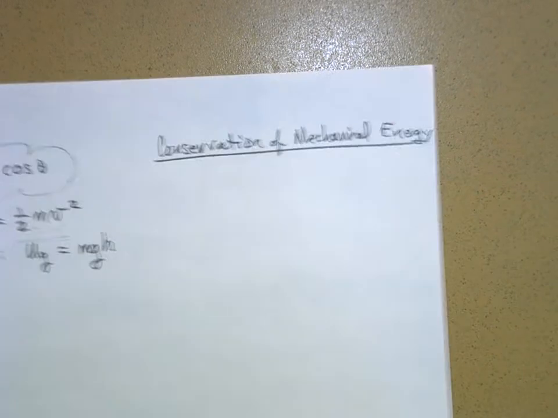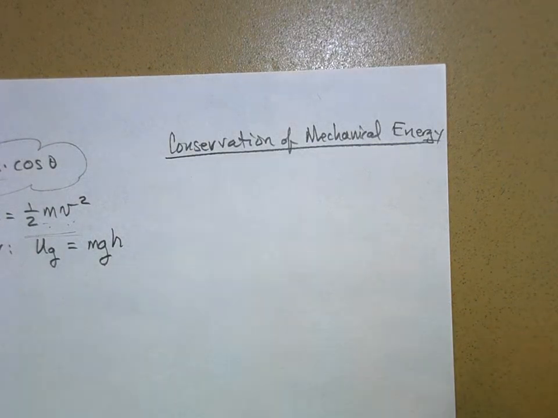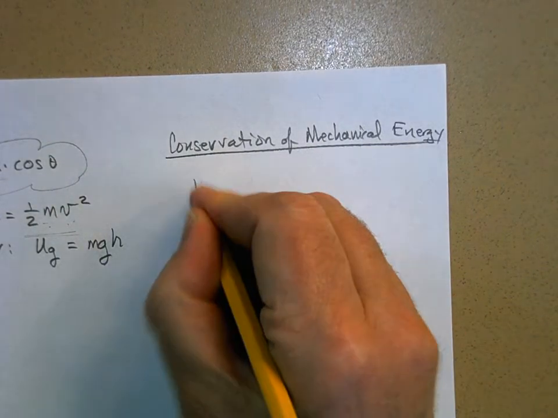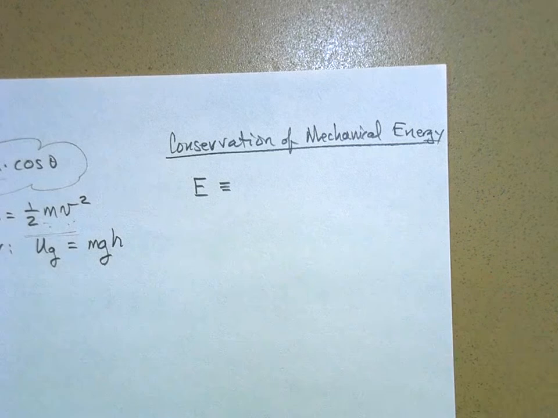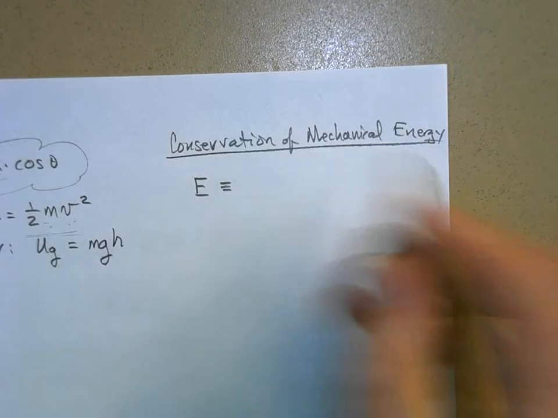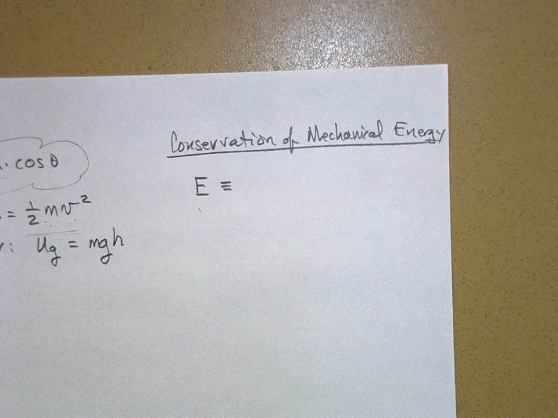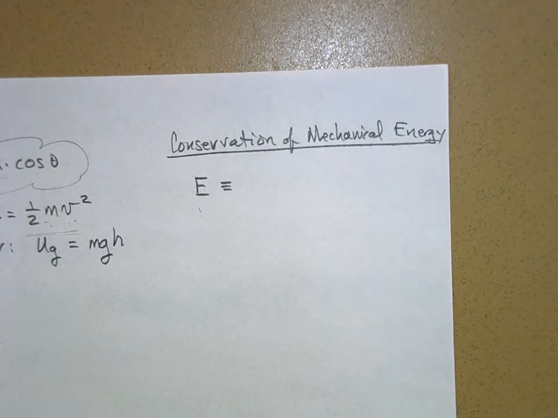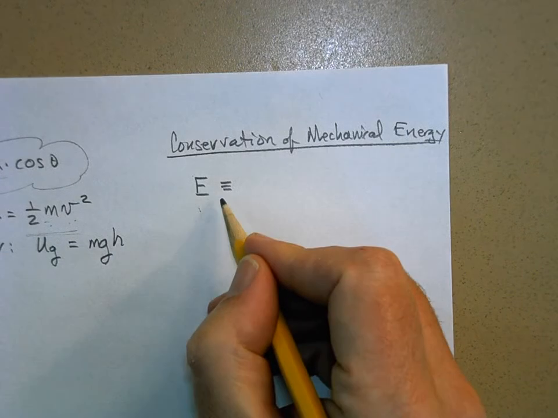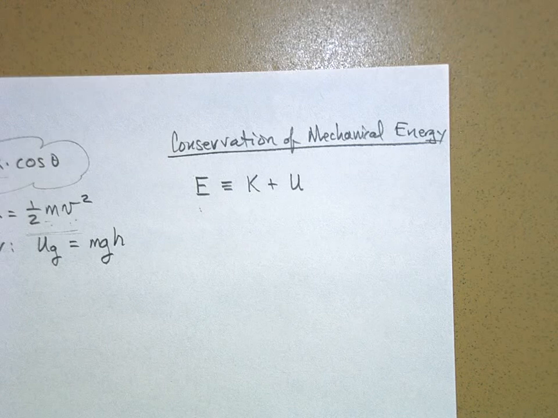Okay, so first of all, we have to define what we mean by mechanical energy. By definition, no, this is not derived, this is defined. Mechanical energy, which we abbreviate with a capital E, is defined to be the kinetic energy plus the potential energy.